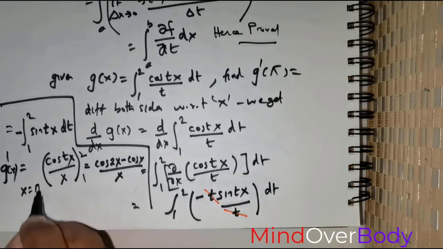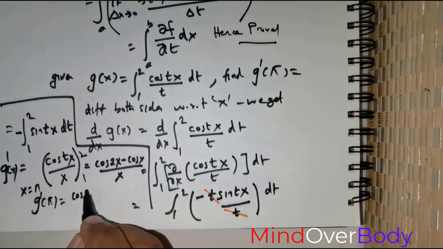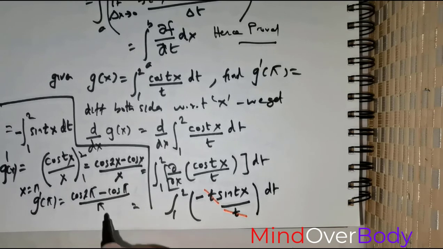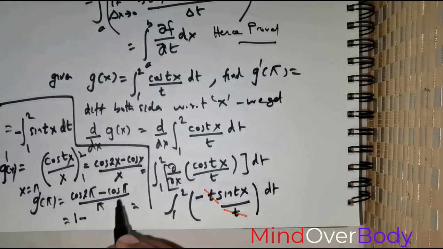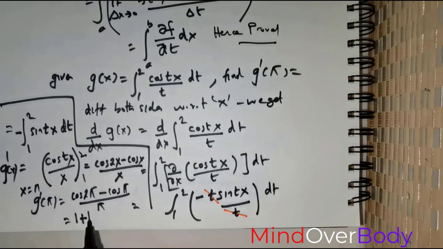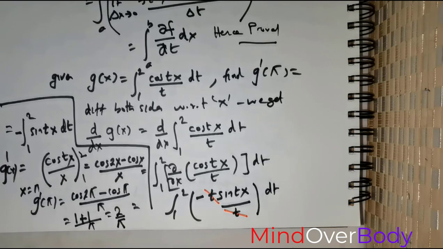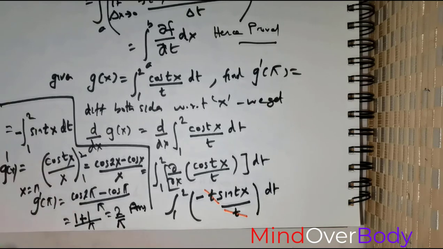So when x is equal to pi, I substitute pi here: cos 2 pi minus cos pi divided by pi. Cos 2 pi is positive 1, cos pi is negative 1, so negative of negative will be positive, divided by pi. So this is going to give me 2 over pi, and I can state that to be the answer, 2 over pi.